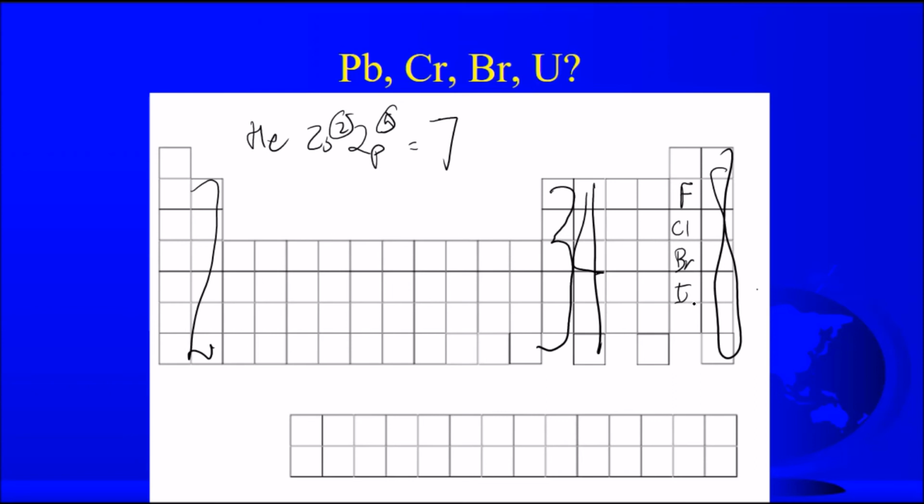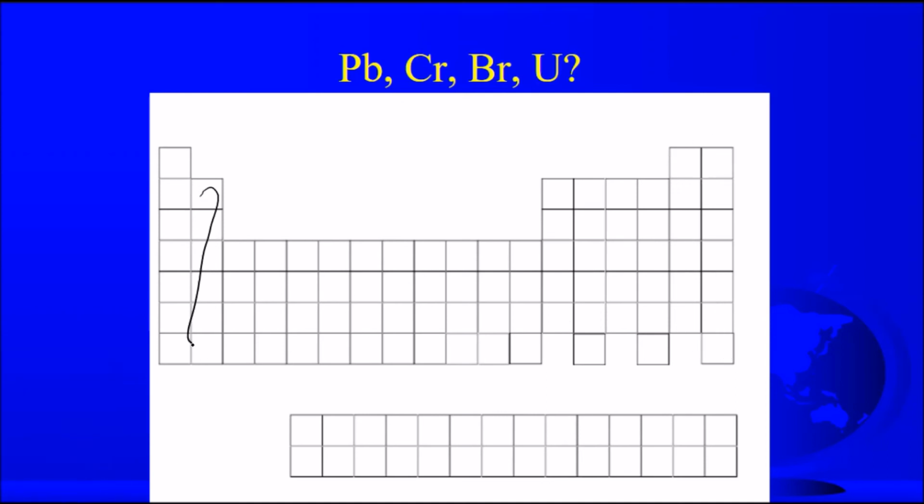Iodine, S2P5. Astatine, S2P5. So what have we discovered? Everyone in that column will have how many outer shell electrons? So if you're in this column, you have how many? If you're in this column, how many do you have? All right. Do you see the pattern?